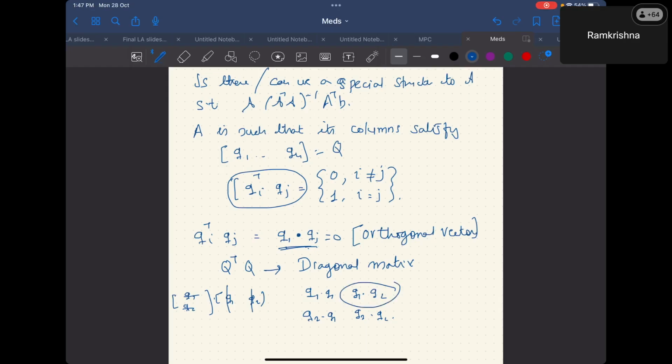Because Qi dot Qj is 0 whenever i is not equal to j, I'm just having terms in my diagonal. So there will be some term here, the off diagonal will always be 0, and this results in a diagonal matrix.